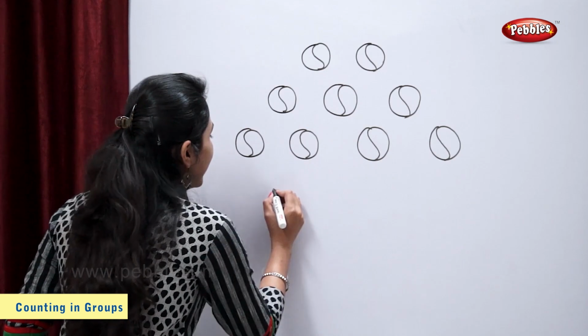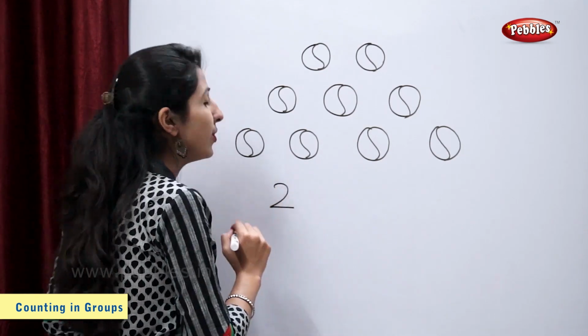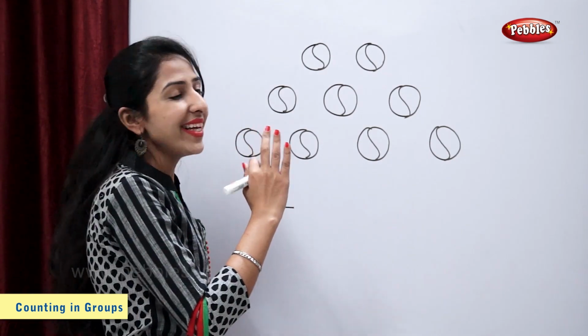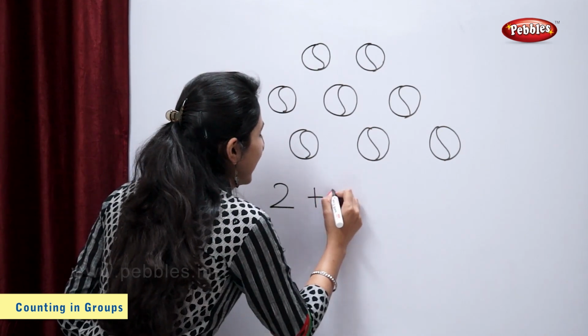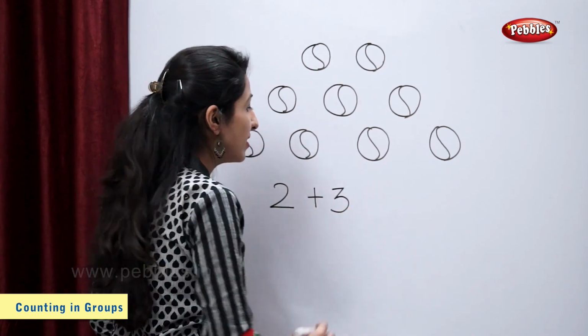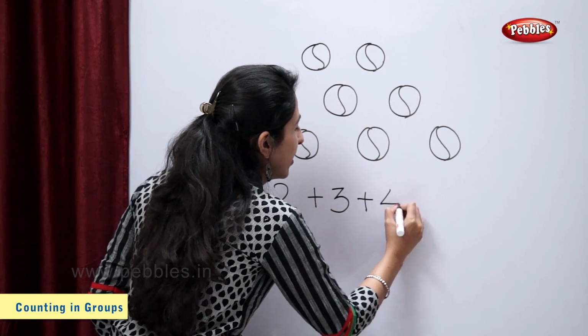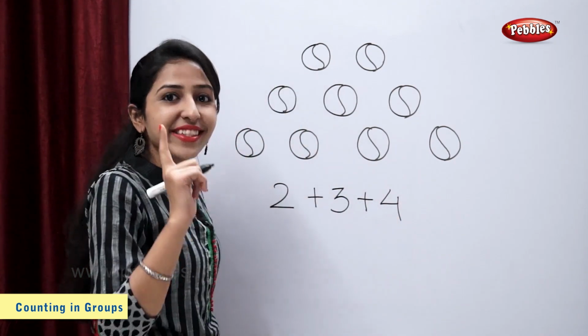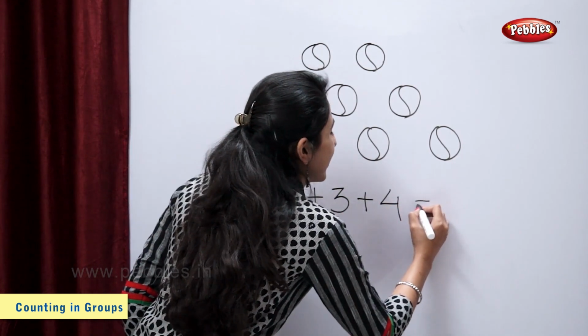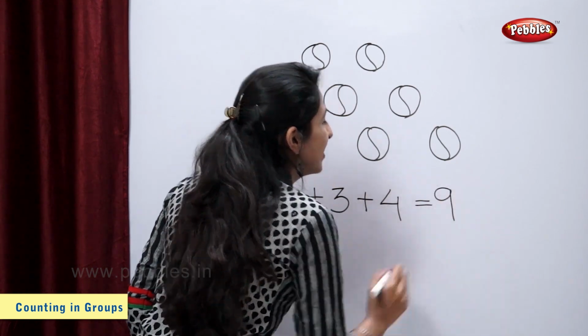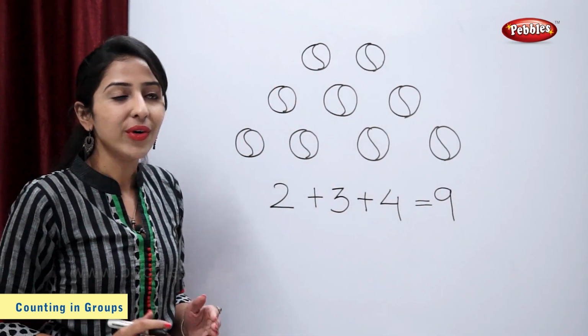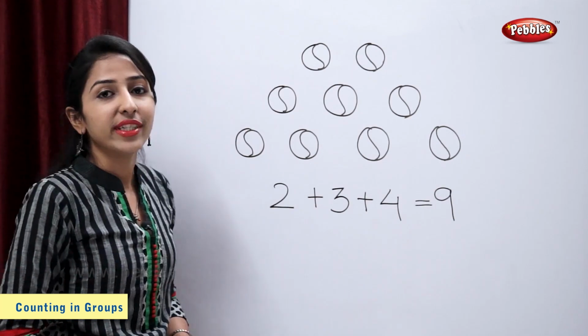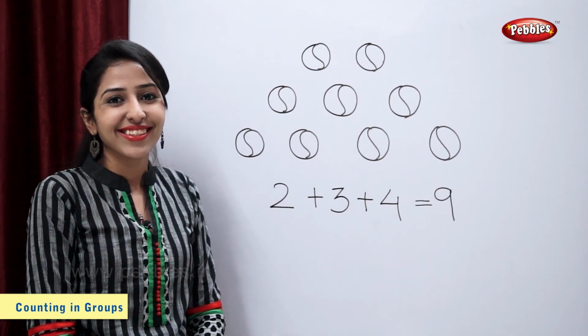So 2 plus 3 plus 4 is equal to 9. So there are total 9 balls.